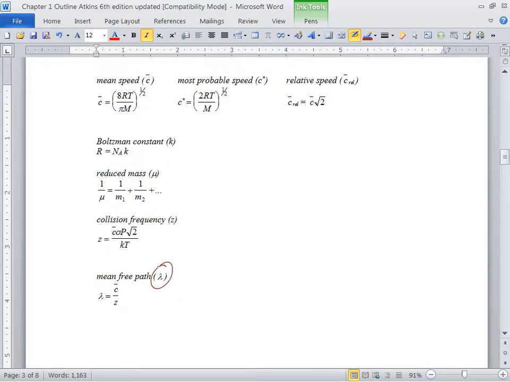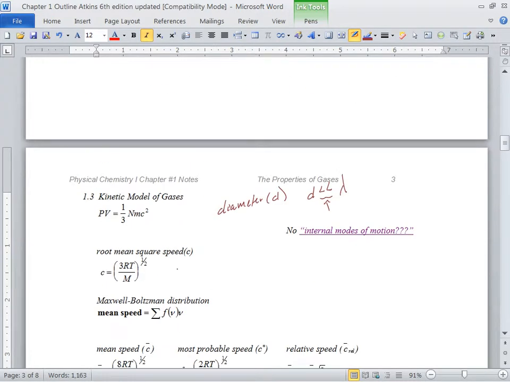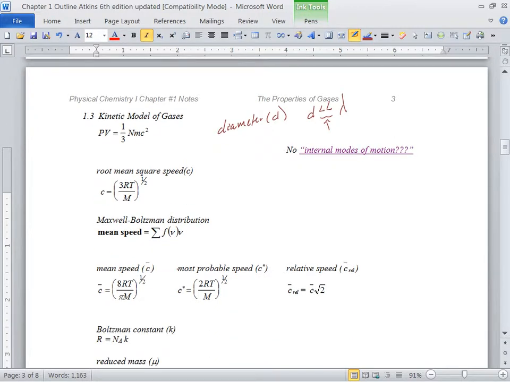The mean free path. The mean free path is the average distance between, what would you guess, Shelby? Collisions. The average distance between collisions. So in other words, they're really far spread apart, right? And they're really, really small.